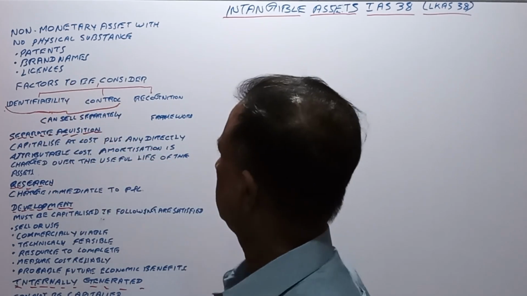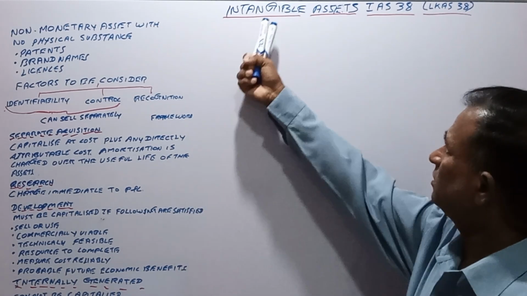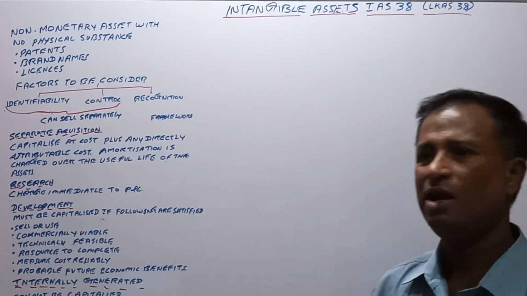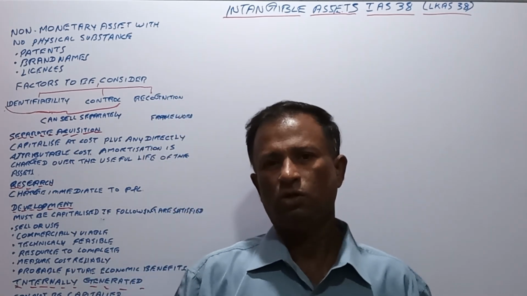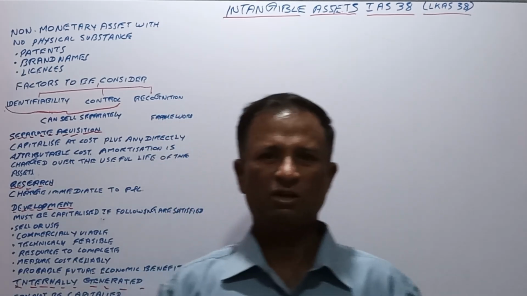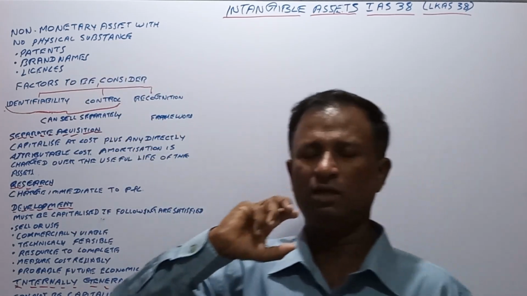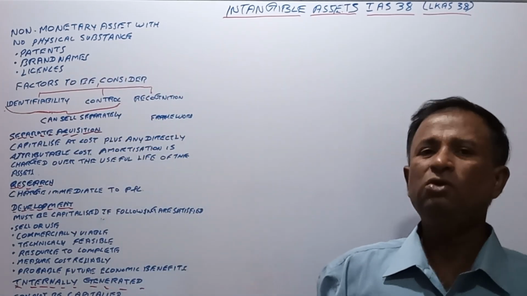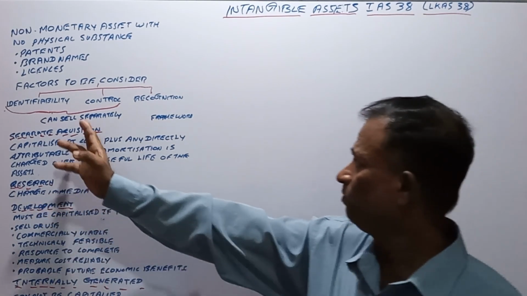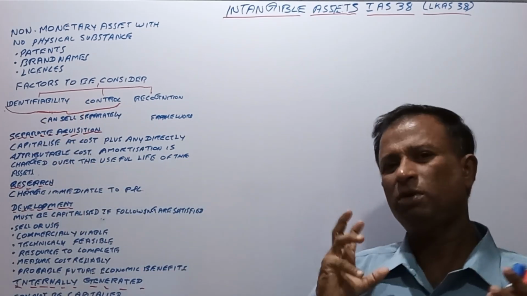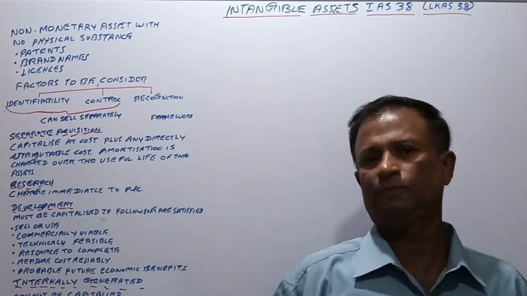Patents, brand names, licenses. To identify intangible assets, there are three factors we have to take into consideration. One is identifiability: you must be able to identify it easily. The second one is control: you must have control over that particular intangible asset.